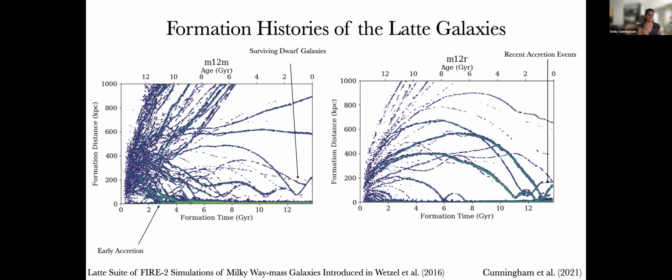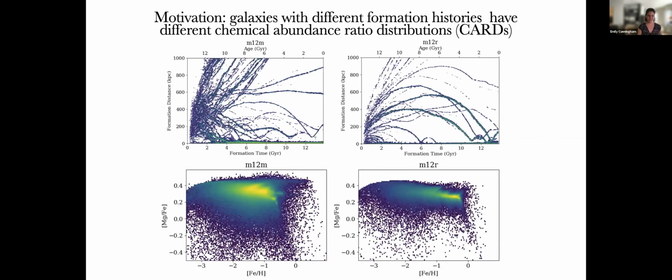And so in terms of observable differences, how can we go to our observations and tell the difference between these two galaxies? There are a lot of ways to answer that question, but one way that I want to focus on in this talk is their chemical abundance ratio distributions. So that's a mouthful, but the acronym I'm going to use is CARDs.